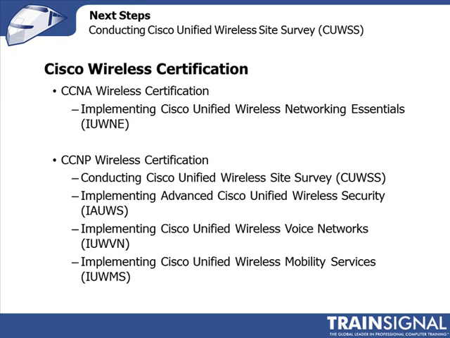So once you've got your certification for this course, i.e. the Conducting Cisco Unified Wireless Site Survey, you can then go on to selecting one of these implementation classes. One's looking at the unified wireless security, one's looking at the voice networks, and one's looking at mobility services. So encompassing those together will then give you your CCNP wireless certification.